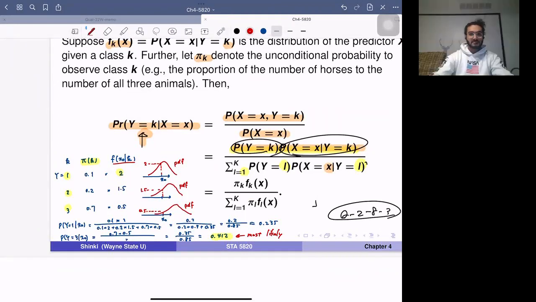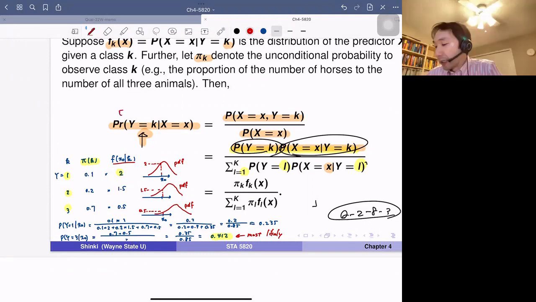So basically, I explained only the discrete case.